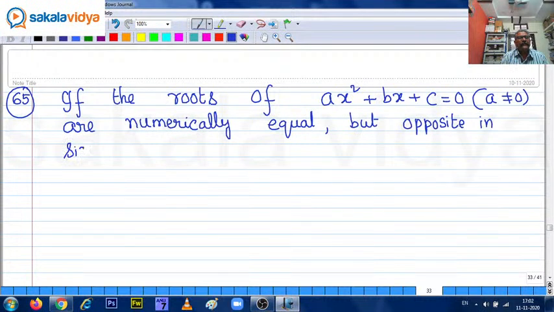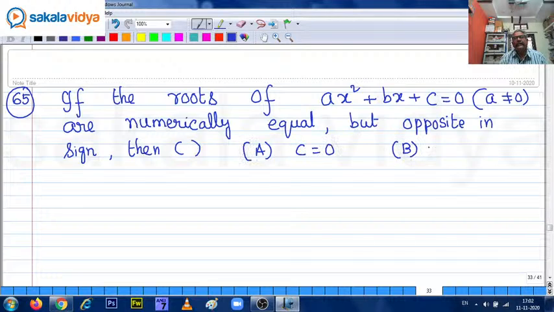In sign means symbols, plus or minus. Then option A c equals 0, option B a equals 1, option C b equals 0, option D b equals 1.